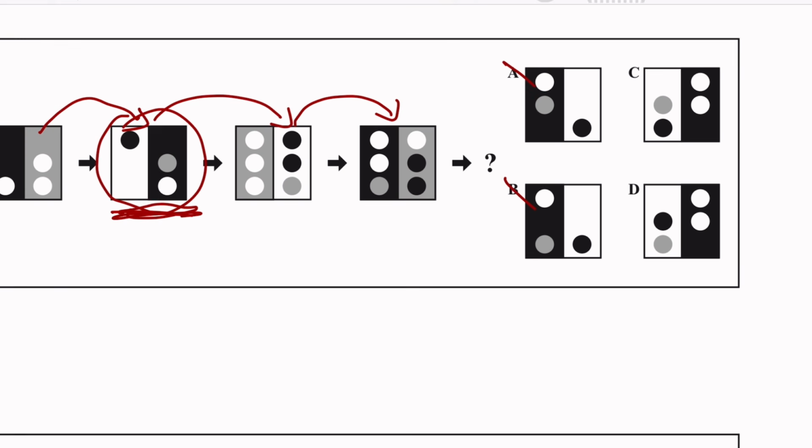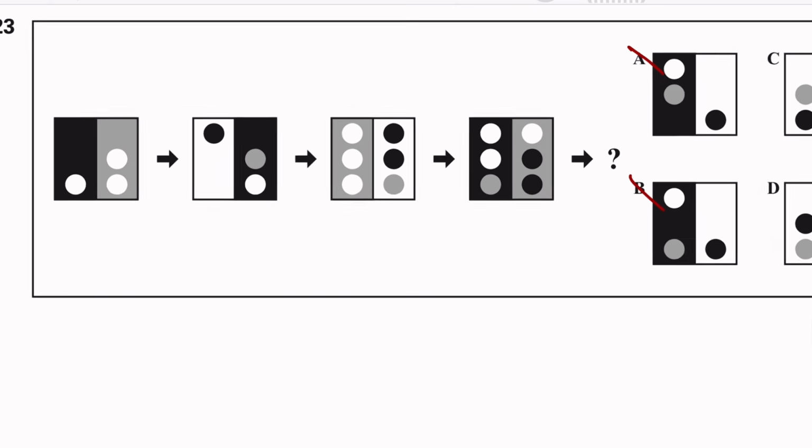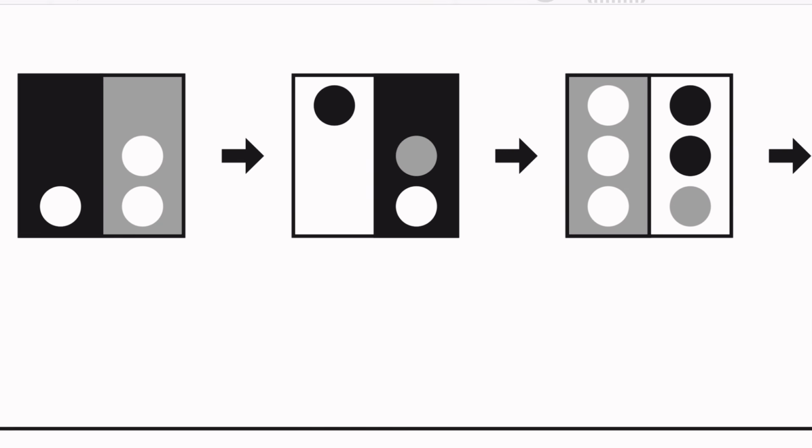Okay, now let's focus on the individual circles. So we know that this gray circle is here, okay? This is what comes out to me as weird because where is this gray circle over here? It just disappeared. But if you notice, this rectangle here has a little bit of gray around it. So if the circle is the same color as a rectangle, won't it just become invisible because it's the same color, right? So now, because the background's changed, you can see the gray now.